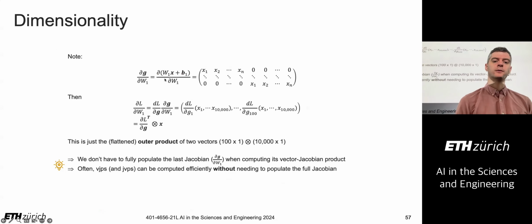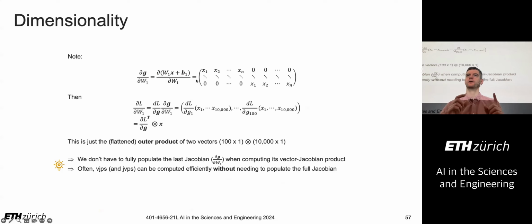What you can realize is that many of these intermediate Jacobians, which tell you what the derivative of these primitive operations is with respect to their inputs, are often very sparse. What I mean by that is they have zeros in a lot of places. So if I think about dg by dw, what is this?